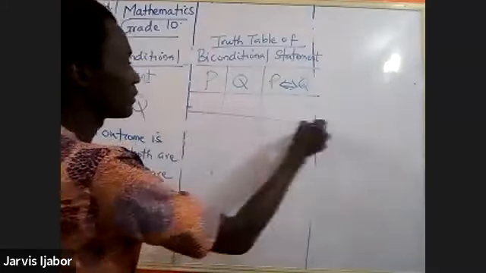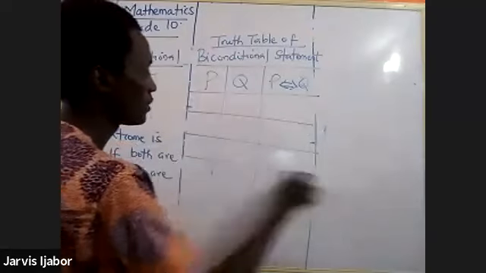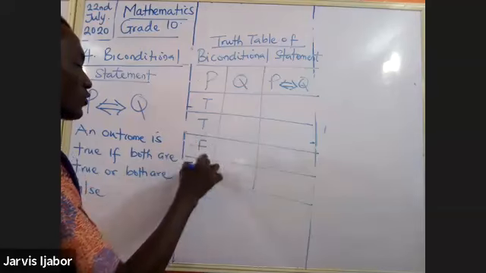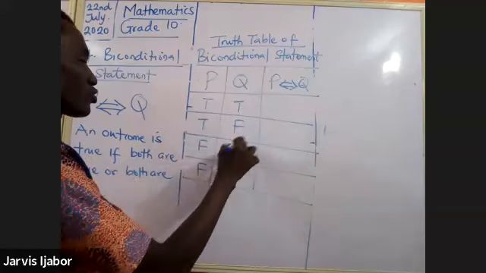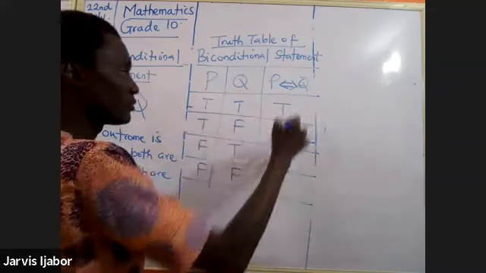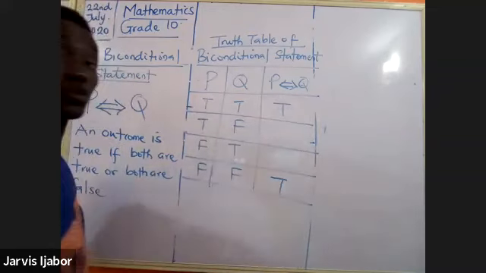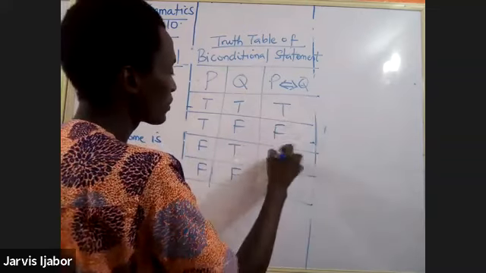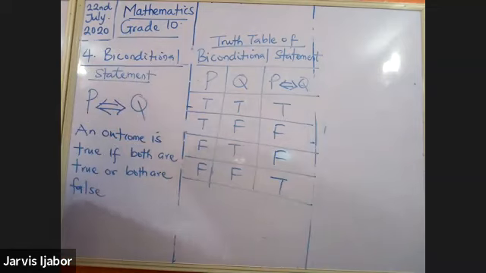True, true, false, false, true, false, true, false. Now, if both are true or both are false, you have true. If one of them is true, it will be false. So what's the biconditional?